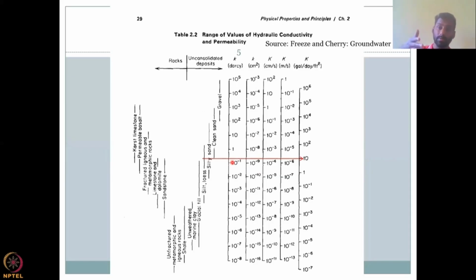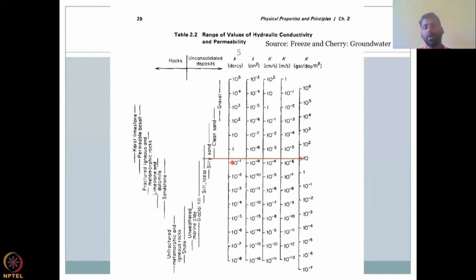Since K, which is your hydraulic conductivity, is a function of your permeability, while the other terms, your mu and viscosity, the density, and also your acceleration due to gravity, are all constants for water, you could quickly do the calculations to get at K, and that is what this graph does.